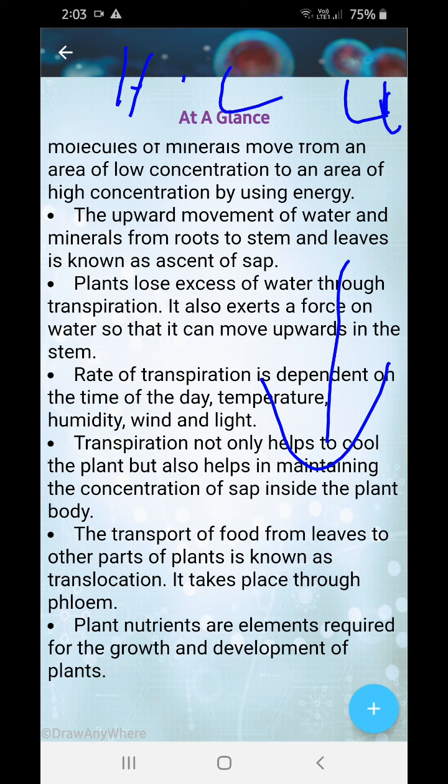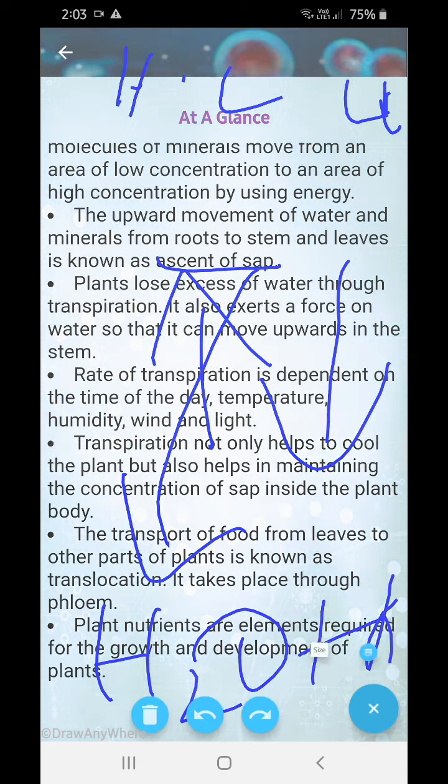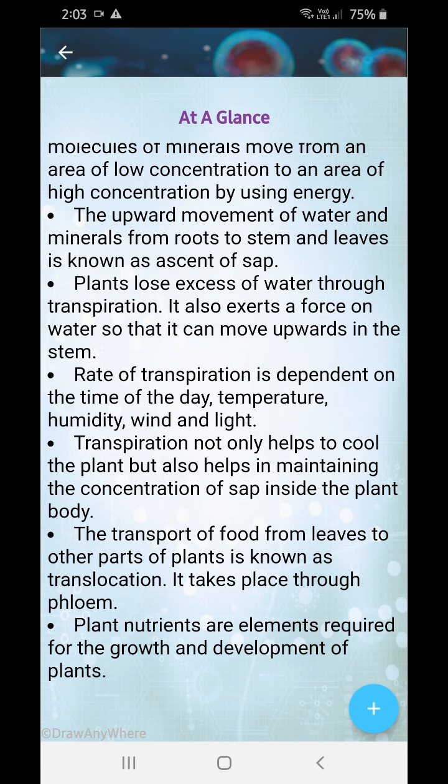But what happens in this case? Water transports upwards. So this is known as ascent of sap. Energy is also required for this process. Now what is a sap? Sap is a mixture of water and some other minerals. Okay, suppose potassium.